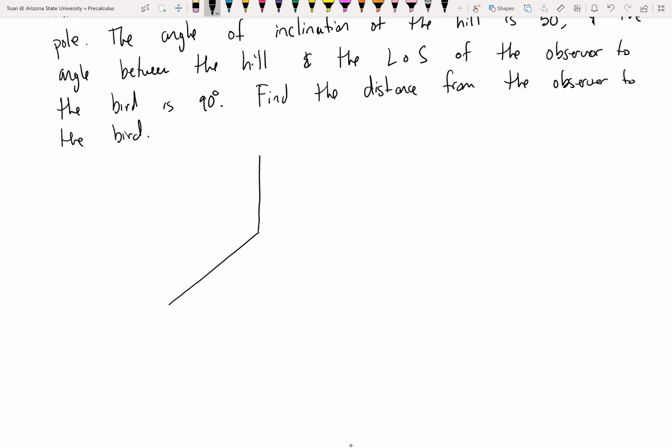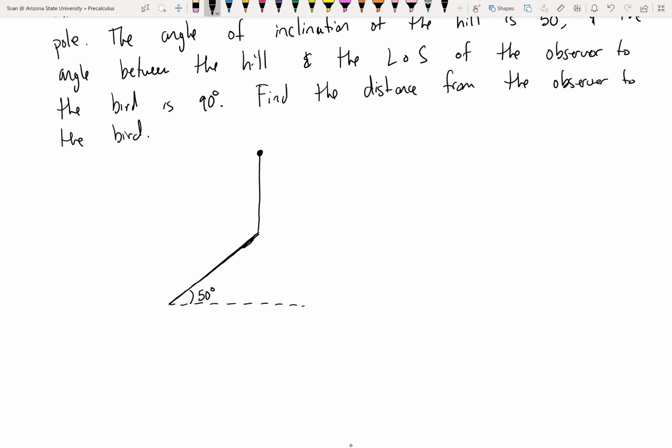And on top of that is a bird. There's your bird. They tell us the angle of inclination of the hill is 50 degrees. Now the angle of inclination is the angle of the physical hill. So if this line here is the hill, then that means the angle that the hill makes with the horizontal is 50 degrees. Now I have an observer 110 meters downhill.